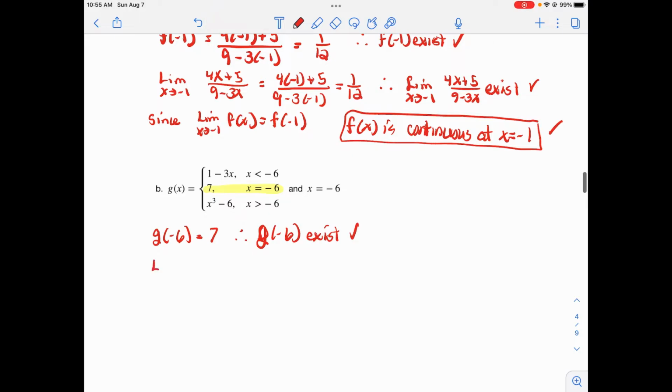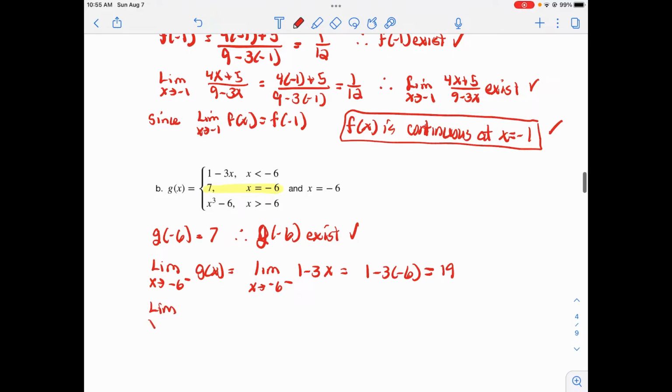Now I have to find the limit, but this time, to find the limit as x approaches -6, I have to do the limit from the left, which means I need to use the top equation using direct substitution. I get 19.